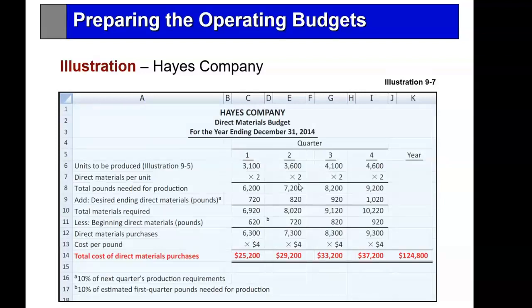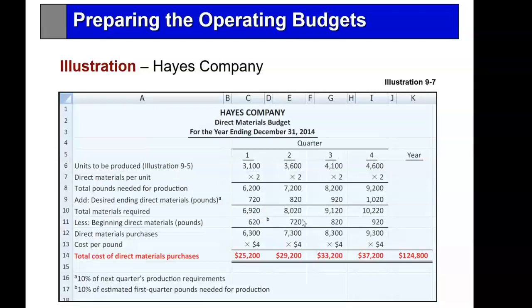Now, in the second quarter, I'm going to need 7,200 plus 10% of what I need in the third quarter, 820. Those together is 8,020, but I already have, you see, the ending raw material budget or direct material budget in quarter 1 is the beginning direct material or raw material budget in quarter 2.